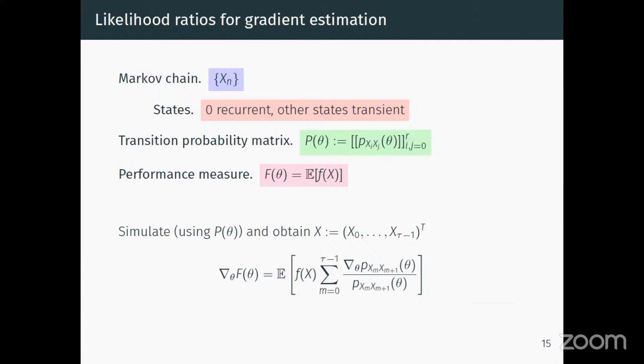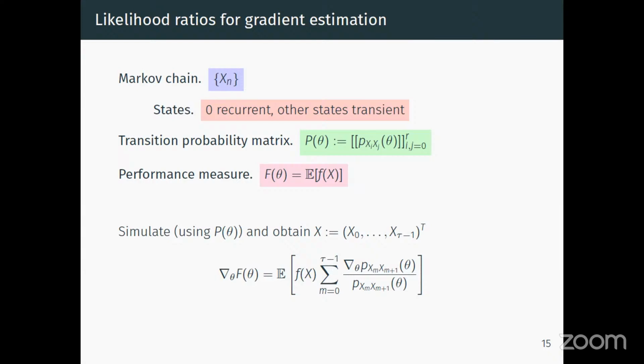So you have some function of this Markov chain with parameterization denoted by theta. What you do is get a sample path. Imagine this is like an episodic setup in common RL parlance. There's one recurrent state denoted by 0, and all others are transient.